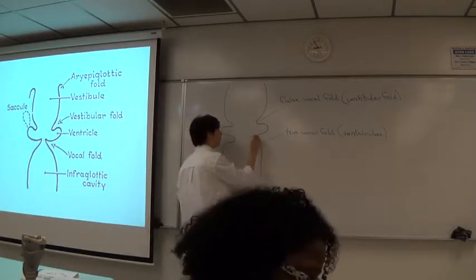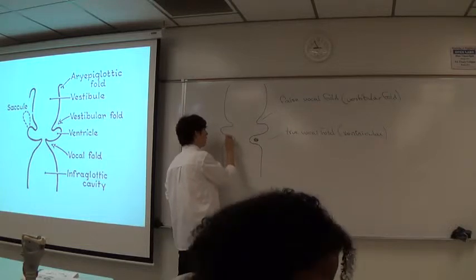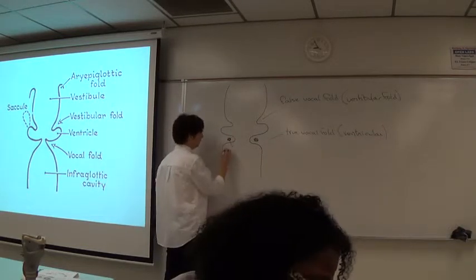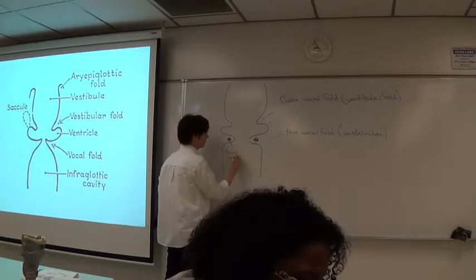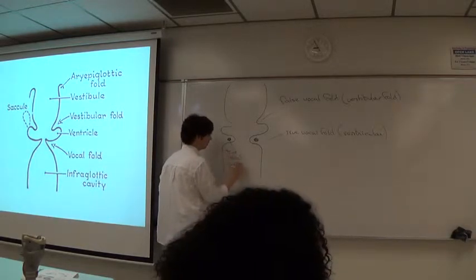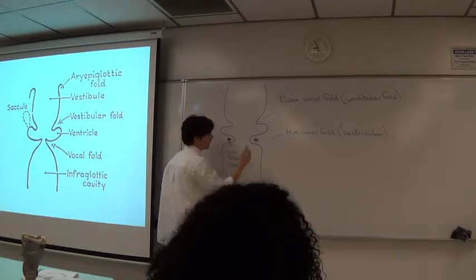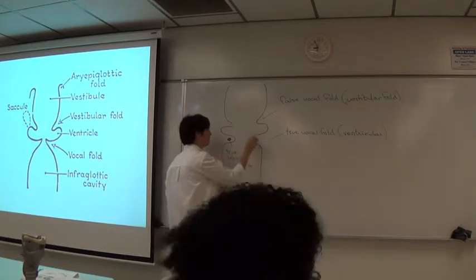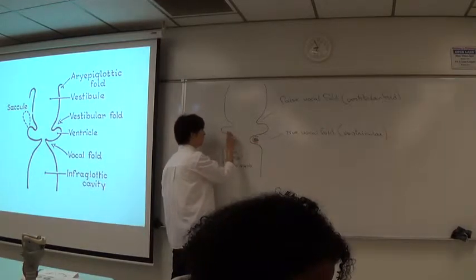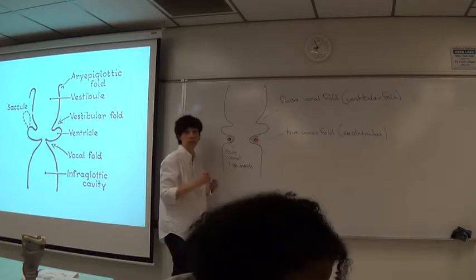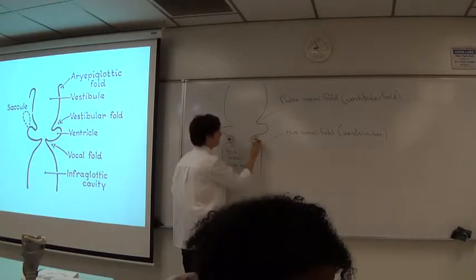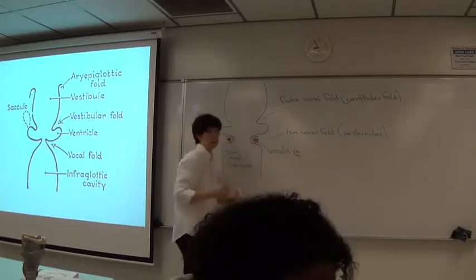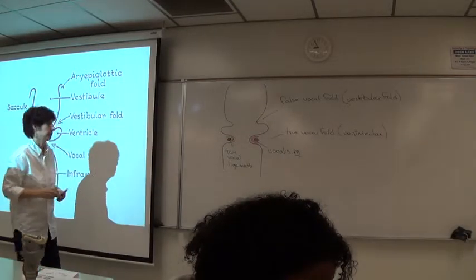So within the true vocal fold, we're going to have the vocal ligaments. So these would be the true vocal ligaments, those structures that I drew on the previous diagram. And around them, we have the vocalis muscle, which functions to decrease tension.